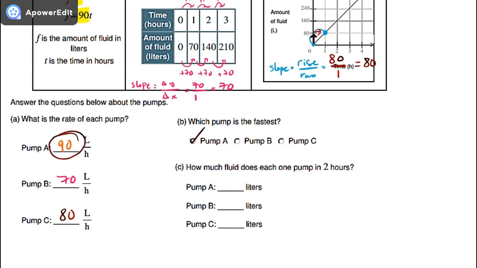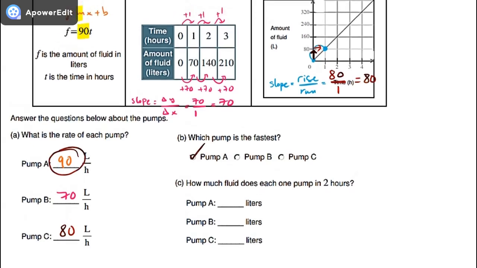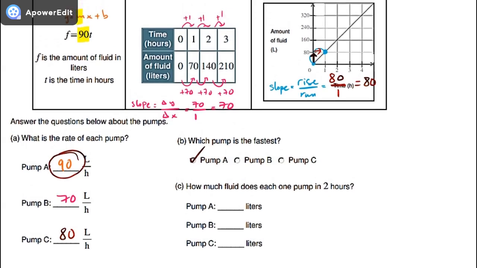How much fluid does each pump in 2 hours? Basically, the first one, pump A, for 2 hours, you plug in 90 times 2, because it's 90 liters per hour, so 2 hours is going to be 180. Pump B in 2 hours is 140.